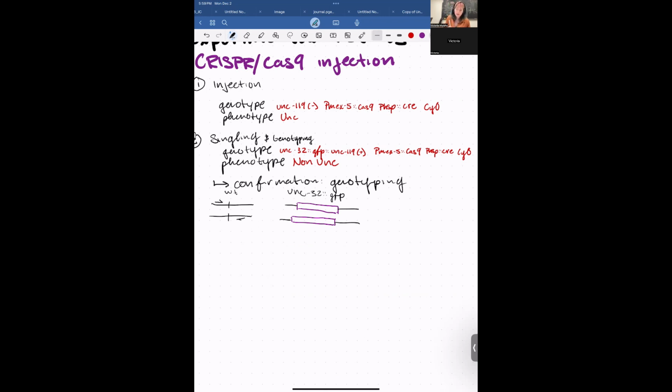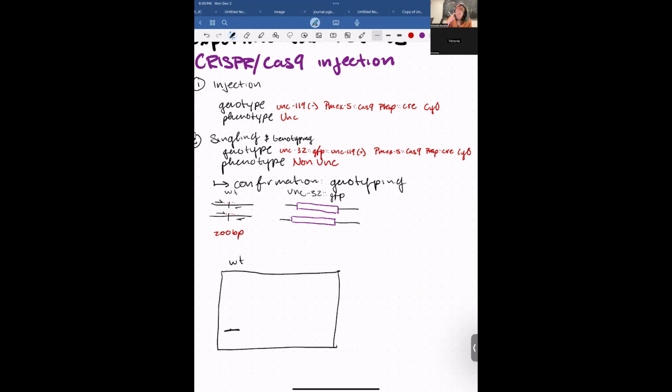So if you were to do a PCR amplifying with these primers, well, actually in this case it would be primers on both of the chromosomes, but let's say that this amplified region between these two primers is like 200 base pairs. What would that look like on a gel? Let's say that's what that looks like.